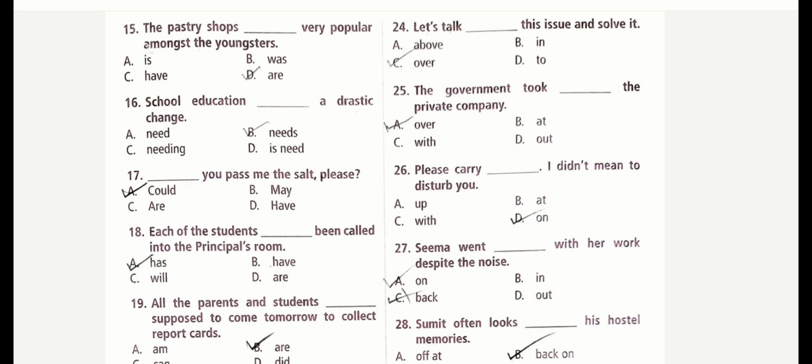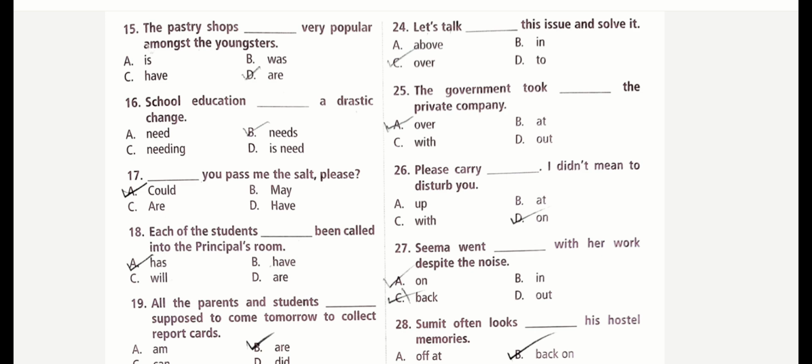Question number 18. Each of the students dash been called into the principal's room. Okay, so as you can make out, the correct choice is has, because it agrees with a singular subject, each of the students.